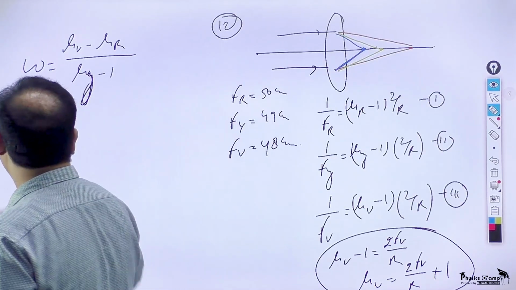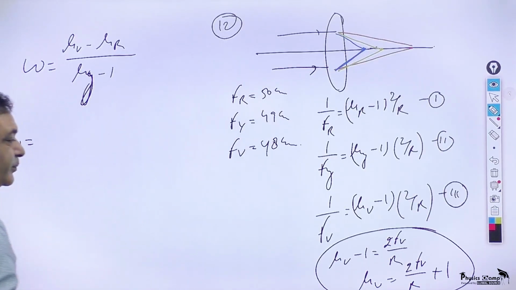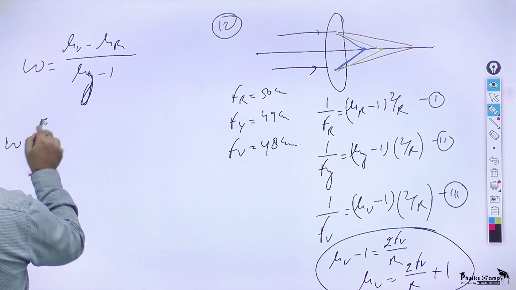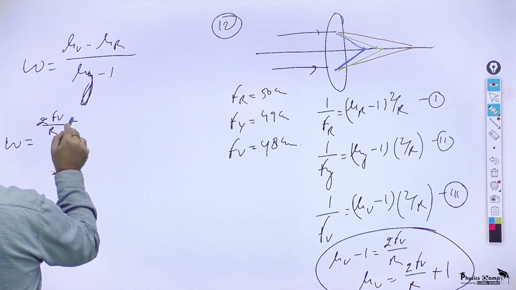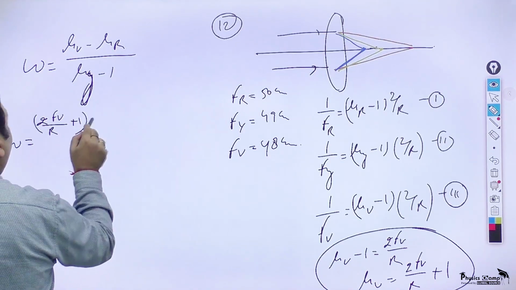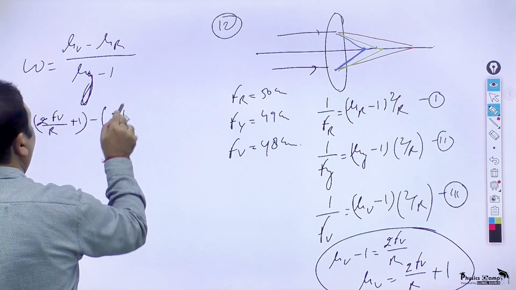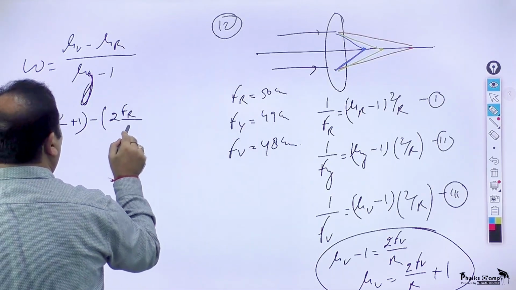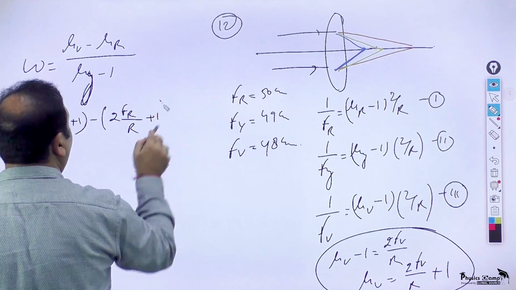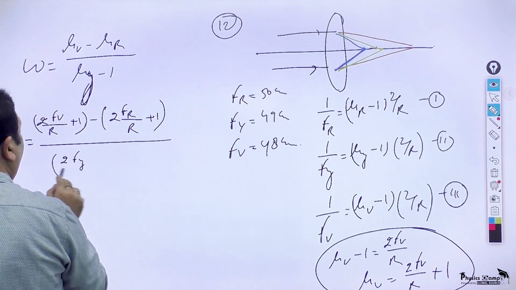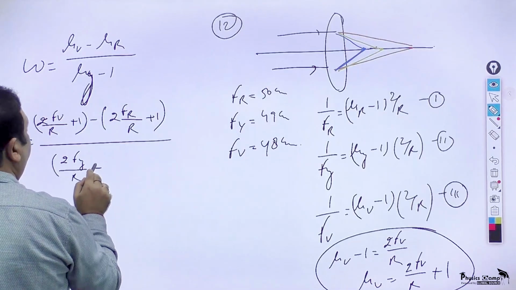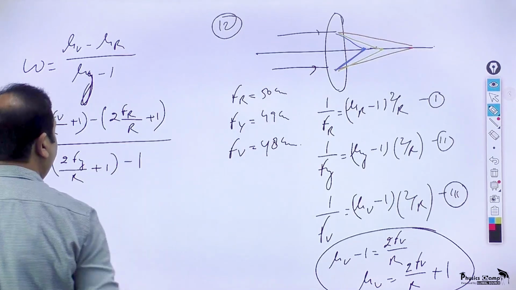So dispersive power will come out to be (2fv by r plus 1 minus 2fr by r plus 1) divided by (2fy by r plus 1 minus 1).